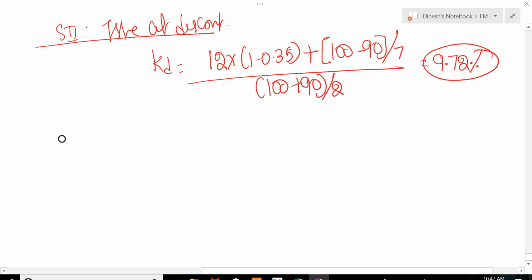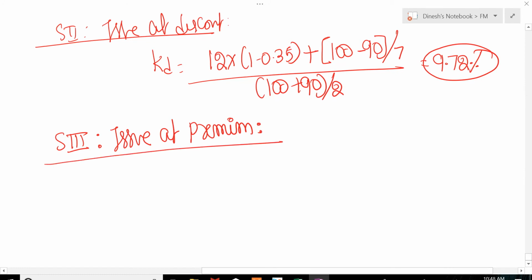Scenario 3. Issue at premium. Everything will remain same. It will become 100 minus some other number. That's all. That is the only change we have been doing. 100 minus the net proceeds will keep changing for the 4 scenarios. Everything else remains same. Obviously, average funds employed will change accordingly.